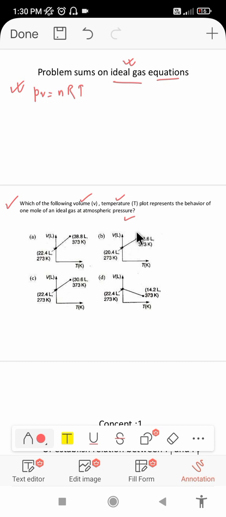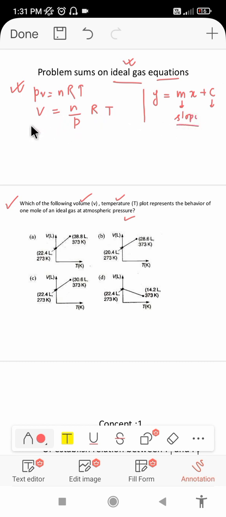So let us try to establish the relation between V and T. So V equals n by P times RT, the way we are writing. As we know, the equation of a straight line can be written as y equals mx plus c, where c is the intercept and m is the slope.